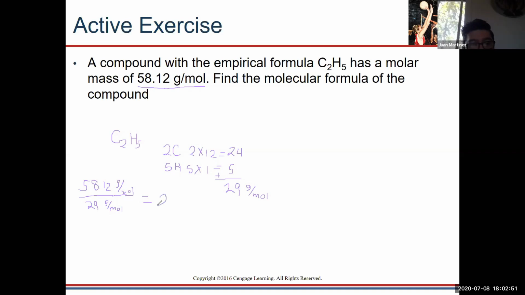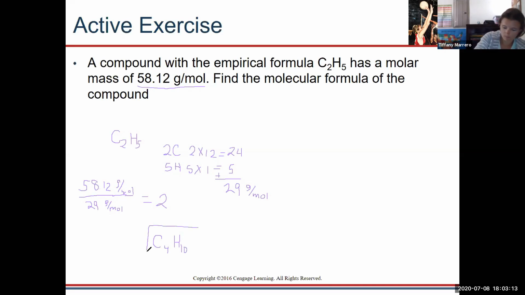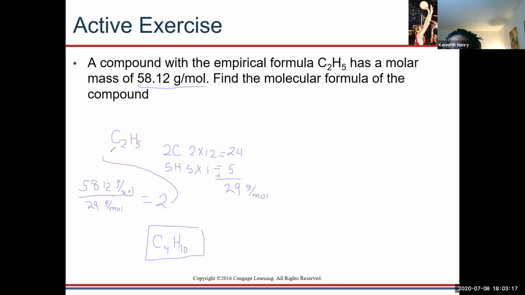So then my chemical formula for my compound is C4H10, because we take this and multiply it by 2. Piece of cake?